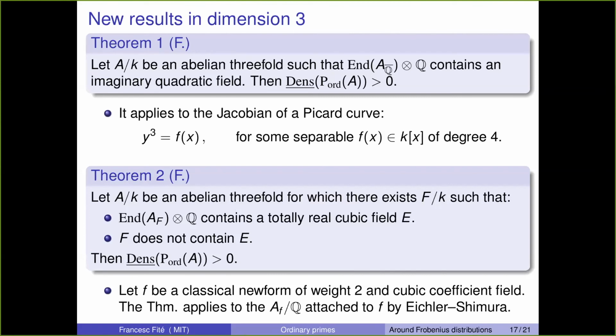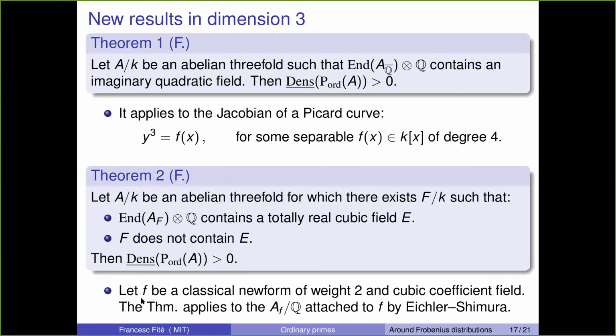Just to give you two examples where these theorems apply. The first one applies to the case of Picard curves. These are curves given by an equation y cubed equals some separable degree four polynomial, and the multiplication in this case is obvious: Q(zeta_3) acts on the Jacobians of such curves.